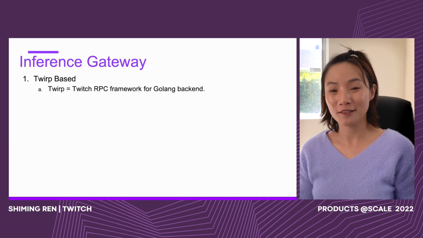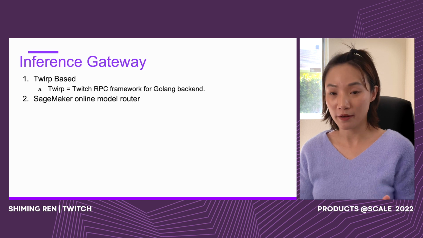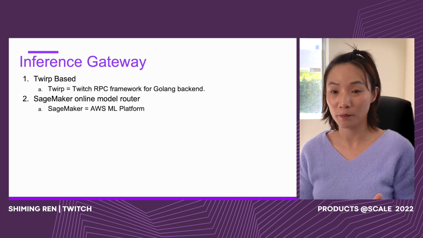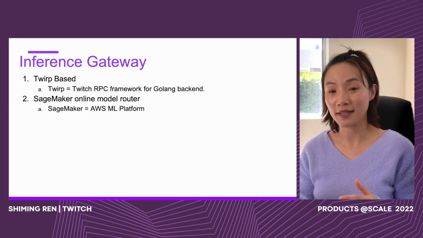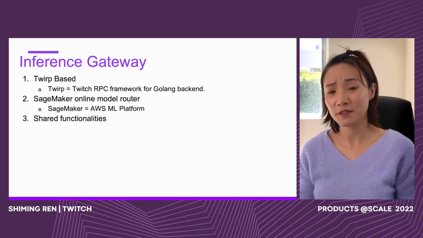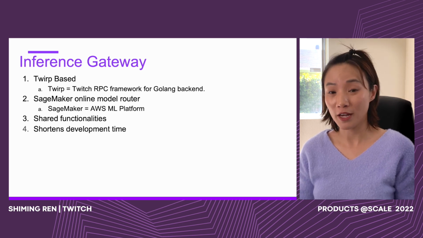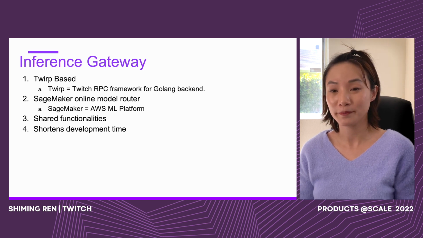Inference Gateway also serves as a SageMaker online model router, where SageMaker is our AWS machine learning platform. Plus, it is equipped with common libraries and key functionalities, such as feature logging. It also shortens our dev time by automatically generating model-serving APIs based on model registry metadata. That is pretty awesome.